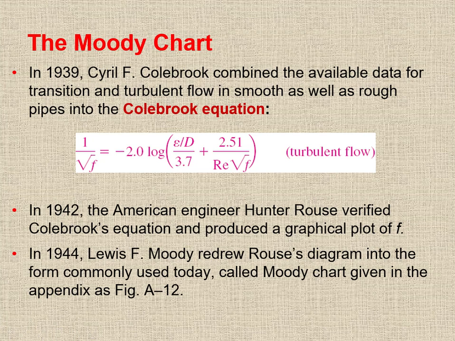In 1944, Moody reduced the diagram into the form commonly used today, called the Moody chart, given in Appendix A12. He developed a chart using three different dimensionless numbers: the friction factor, relative roughness, and the Reynolds number.